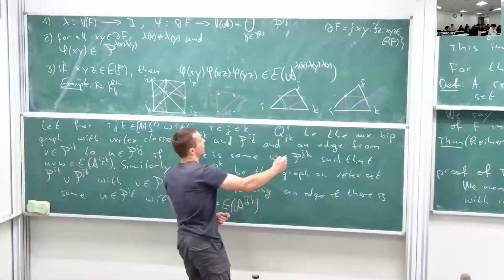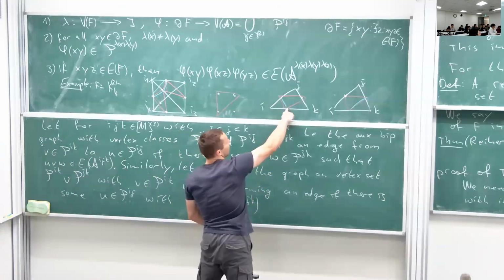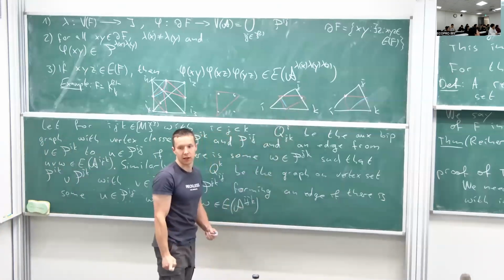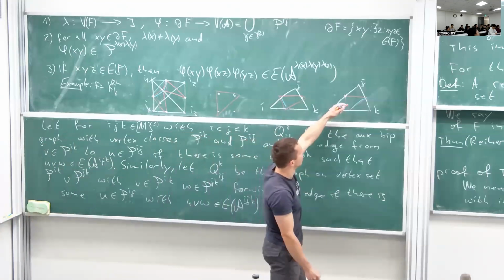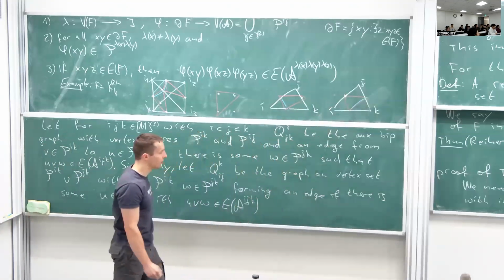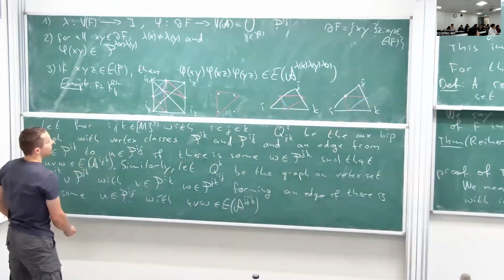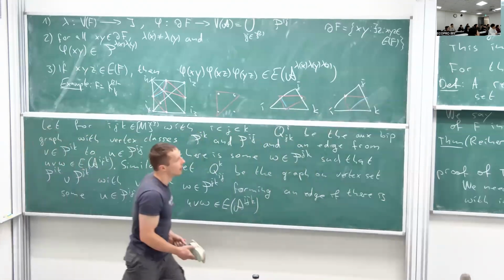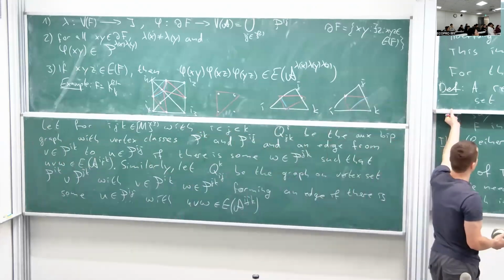We just say for one graph, we want to look at all the pairs here for which there exists a vertex here such that they form an edge, and the other one, all the pairs here for which there exists a vertex here such that they form an edge. Okay, maybe because I have the pictures there, I will move to here.